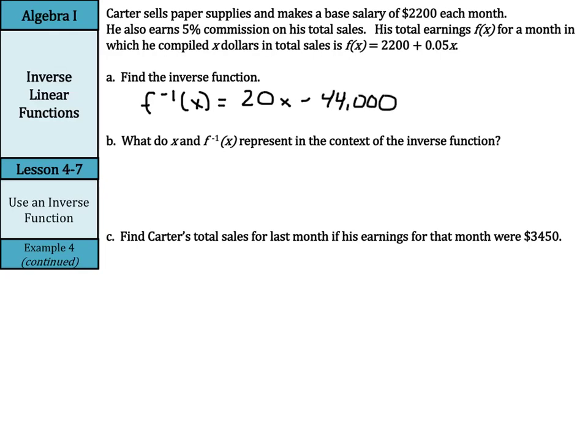What do x and f to the negative 1 of x represent in the context of the inverse function? Let's think about what x means. Well, the x is Carter's total earnings for a month.